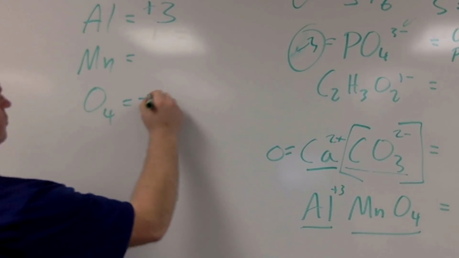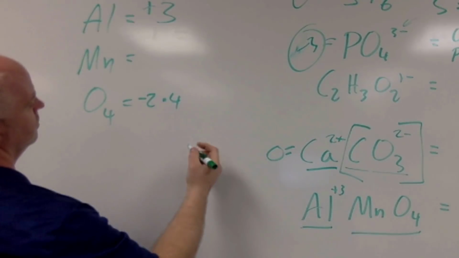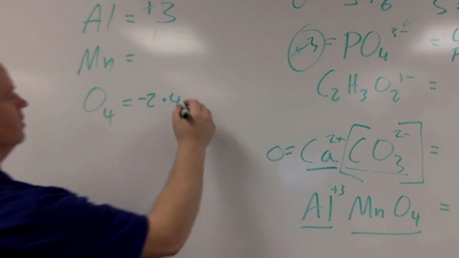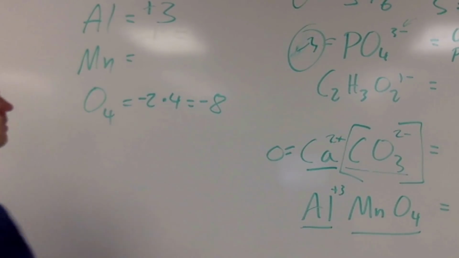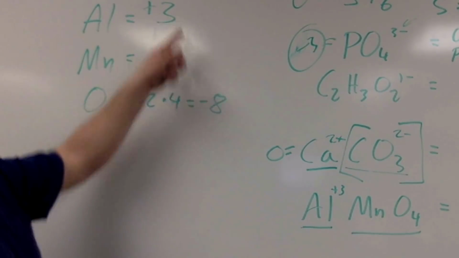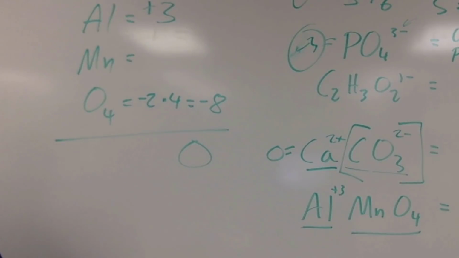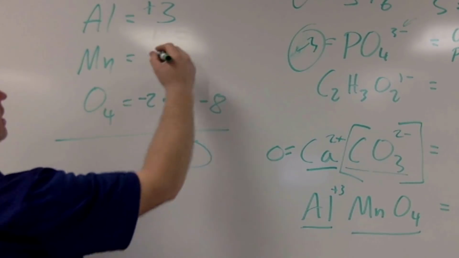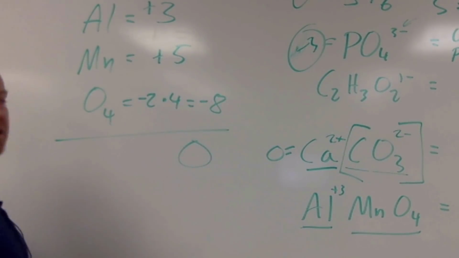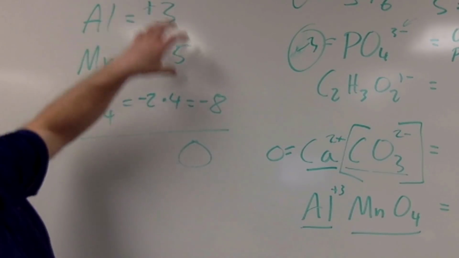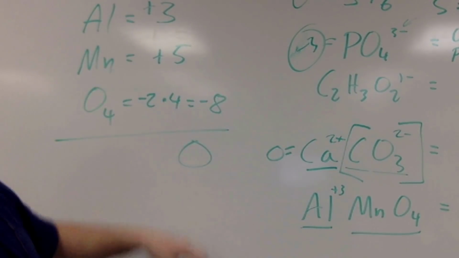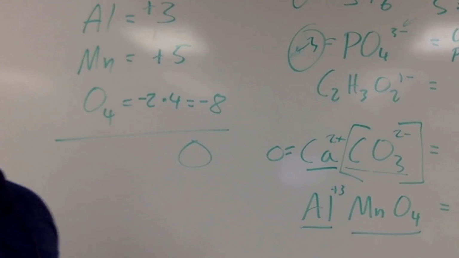Oxygen is a -2 times 4, so that gives us a -8. Okay? So if we have a +3 and a -8, and it's a neutral compound, then the manganese here has to be a +5 to balance it out. So we have a +3, a +5, and a -8. And now we get to 0. Okay?